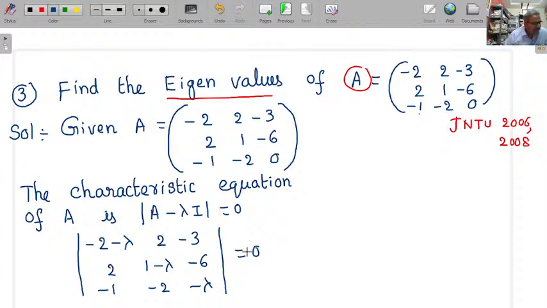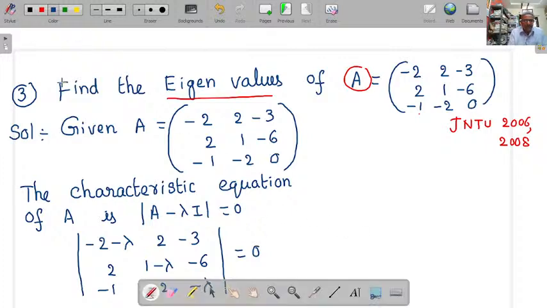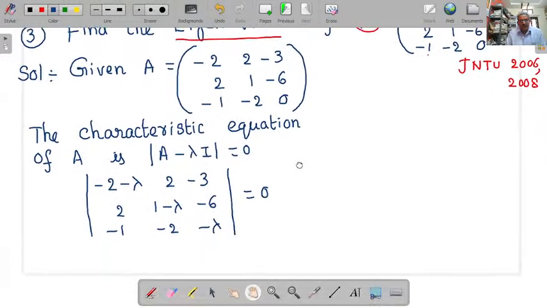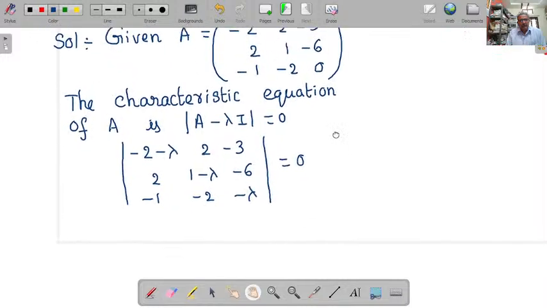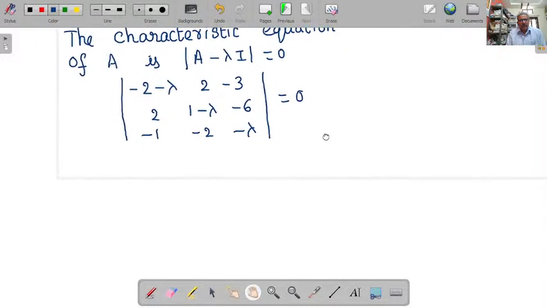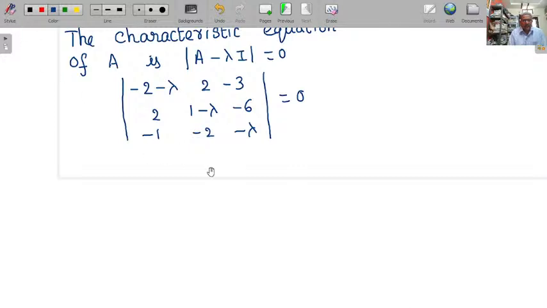Expand this one. Right, let us expand it now. Okay. Now we are going to find the characteristic equation. So that means minus 2 minus lambda multiplied with, deleting this row and this column, 1 minus lambda multiplied with negative lambda, minus 12.